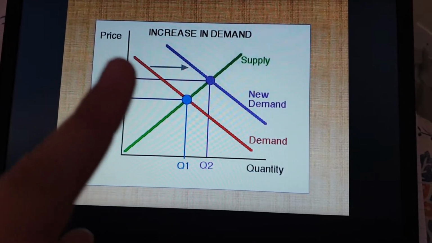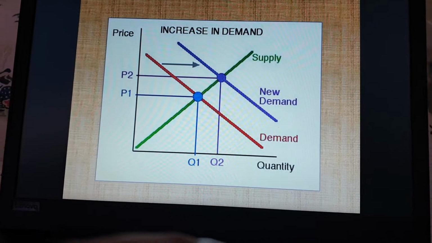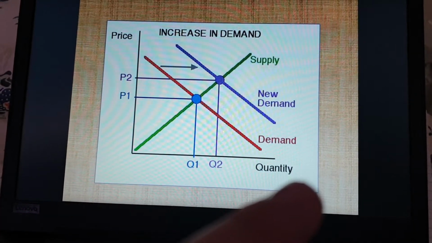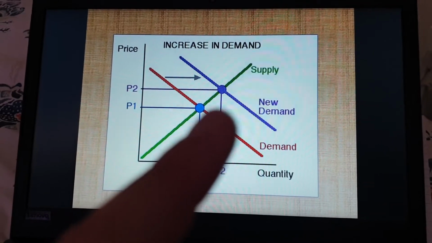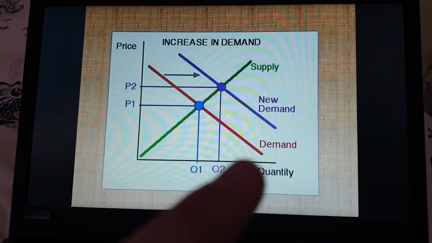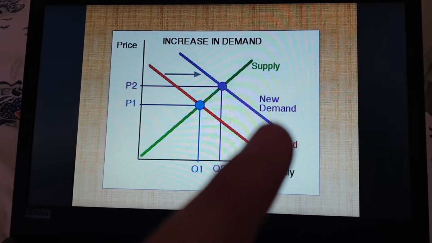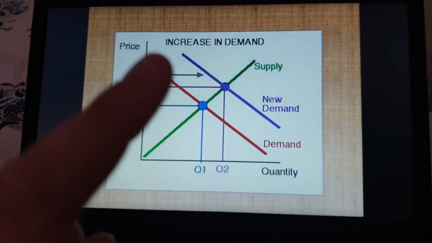What happened with the demand now is that demand increased. And you must remember the rule about demand: an increase always goes to the right hand side. So my shift of the curve will always take place to the right hand side. The demand, normally called DD, will shift up and to the right to the new demand curve D1.